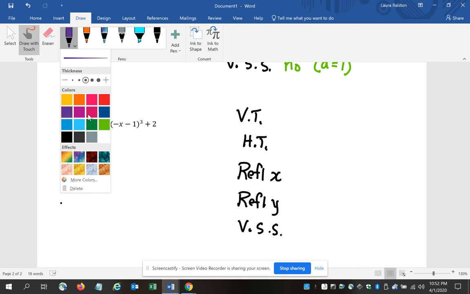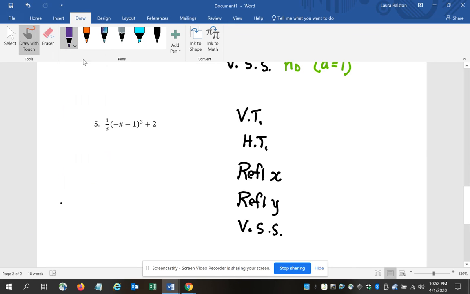If we identify the players in the problem, a is the number out front, b is in front of the x, h is inside with the x, just the number, and k is tagged at the end.